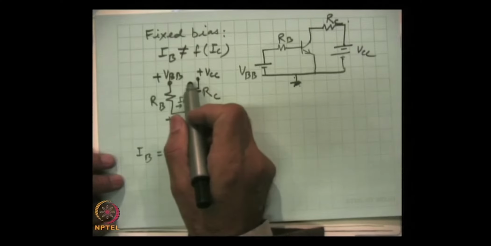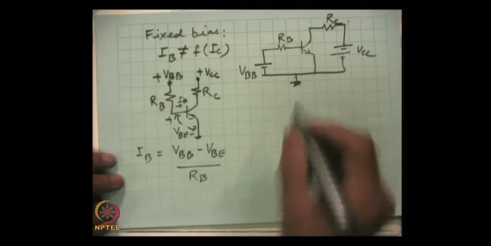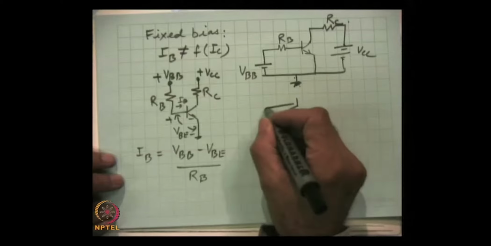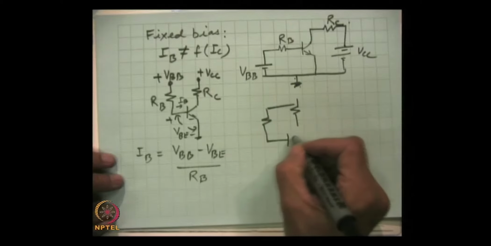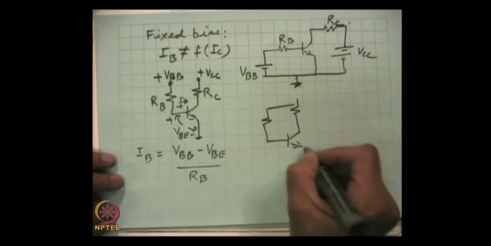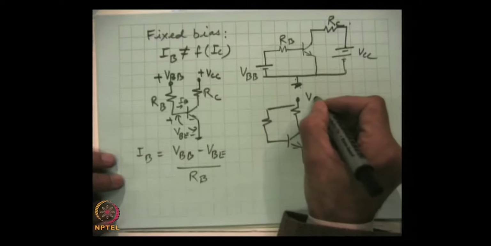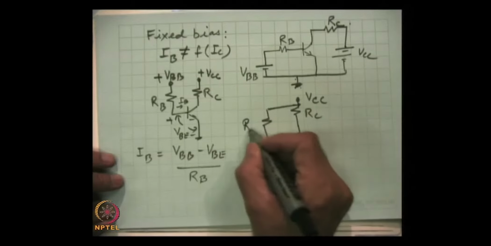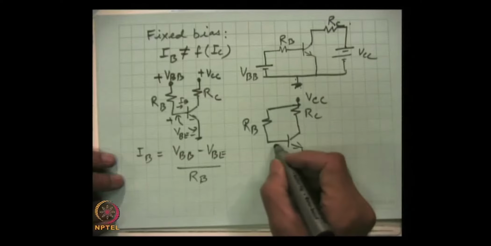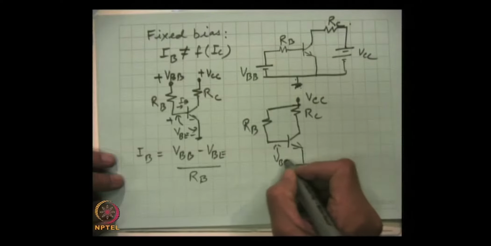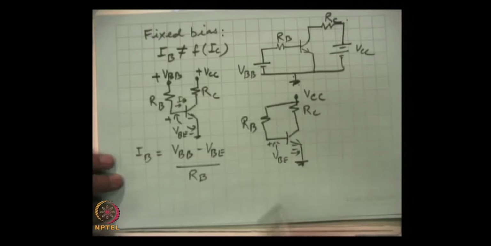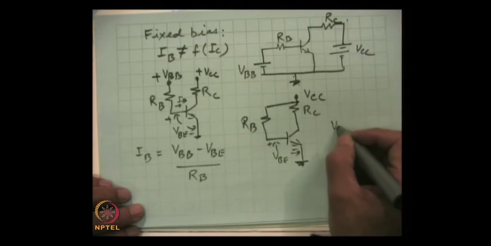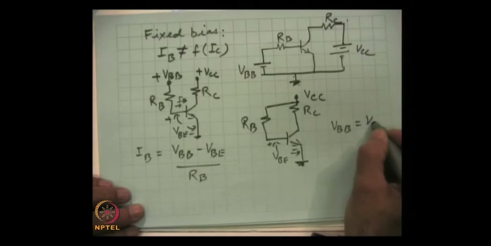But again we further modify. Here still there are two batteries, but let us see this circuit. The only difference between the two is that here VBB is equal to VCC.